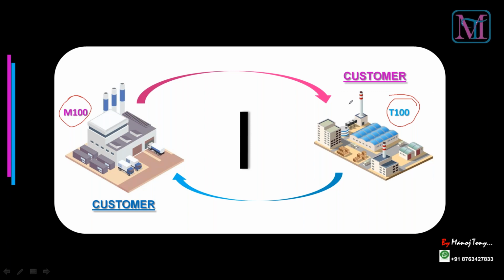So we have to create the receiving plant as a customer in the supplying sales area. Again, whenever we are transferring the stock from T100 to M100, for T100 plant, M100 plant will be our customer. So in the SAP system, each and every plant is a customer, and we have to create each plant as a customer in the SAP system.